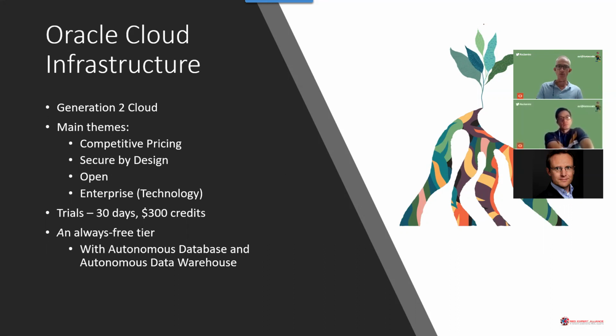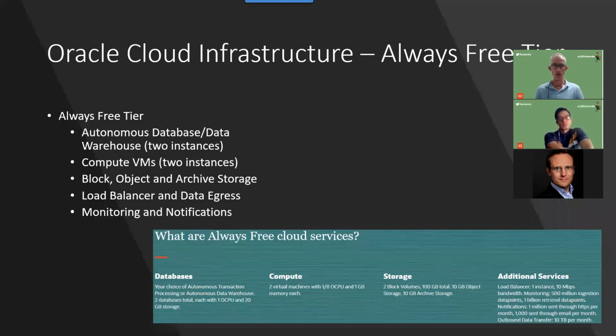You can get a trial for trying out Oracle Cloud Infrastructure, and we'll talk a little bit more about the trial in a moment. The trial ends after 30 days, but there's also the always free tier, which gives you unlimited, in time at least, access to various services, including Autonomous Database and Autonomous Data Warehouse.